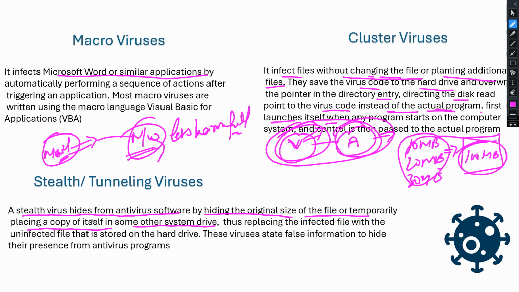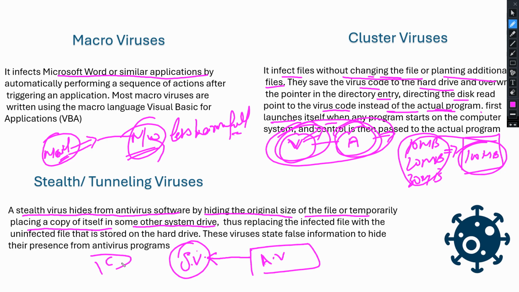The stealth viruses hide from antivirus. Suppose there is antivirus running on your system and there is a stealth virus. It hides from the malware software. So obviously we have antivirus to scan these files, so it hides the files from the scanning, right, and hides the original size of the file and temporarily places a copy of itself in some other system drives.